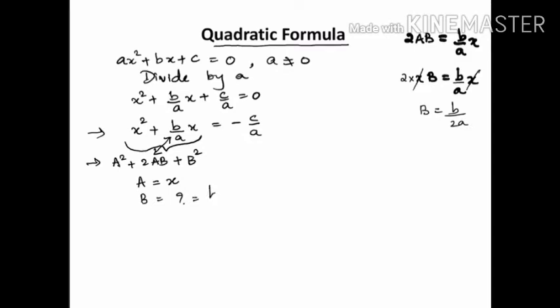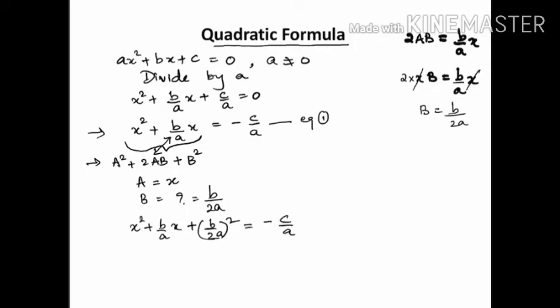Now we can write equation 1 as x square plus b upon a x plus b upon 2a square. This is the capital B square term, equal to minus c upon a.